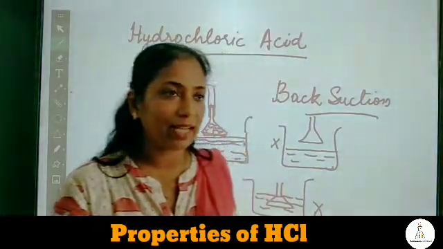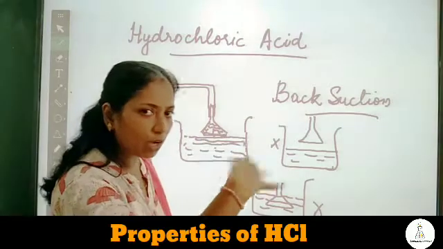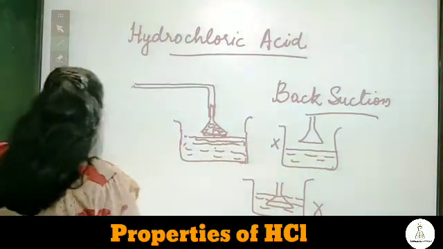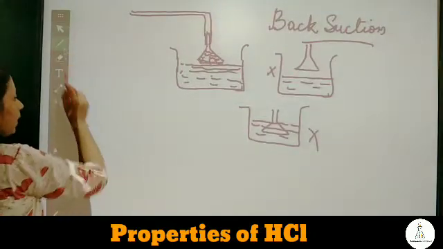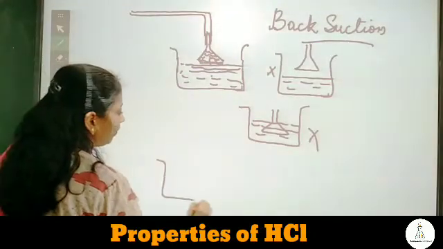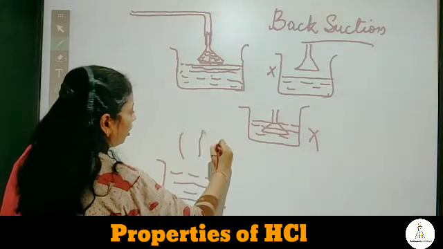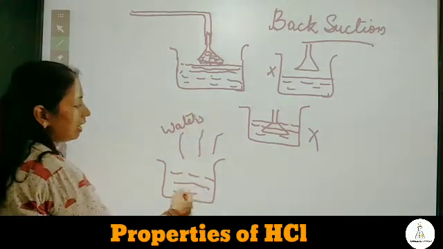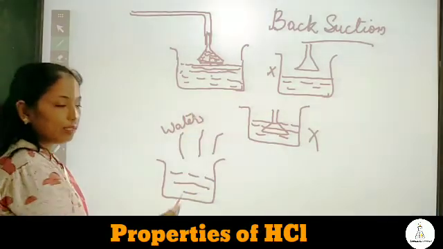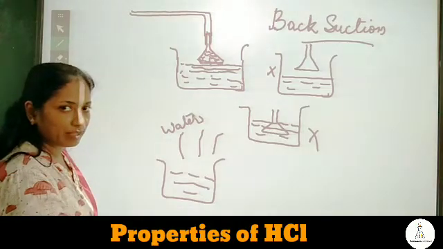When you boil that dilute acid, the extra water will evaporate. So on boiling, what will happen? The water will evaporate, and this acid will go on becoming concentrated and more concentrated.